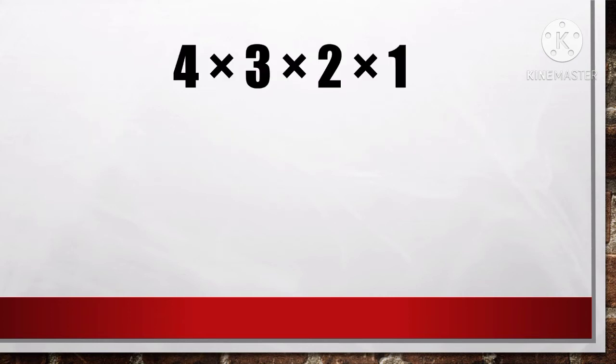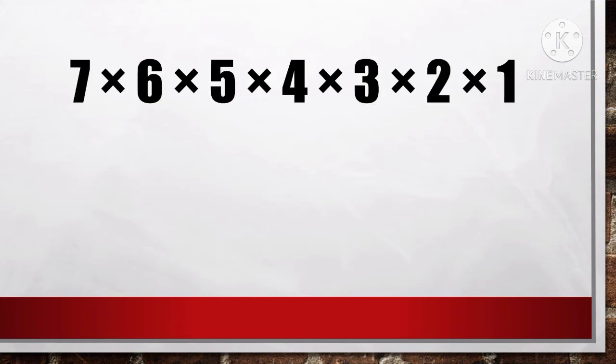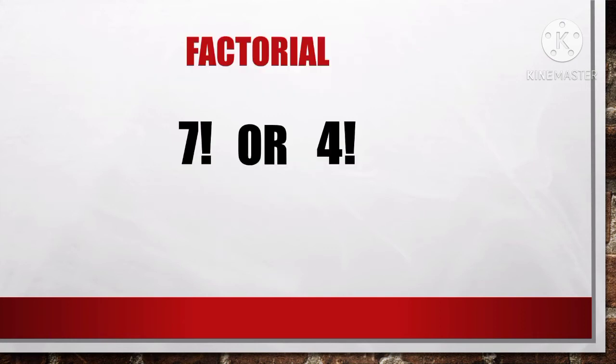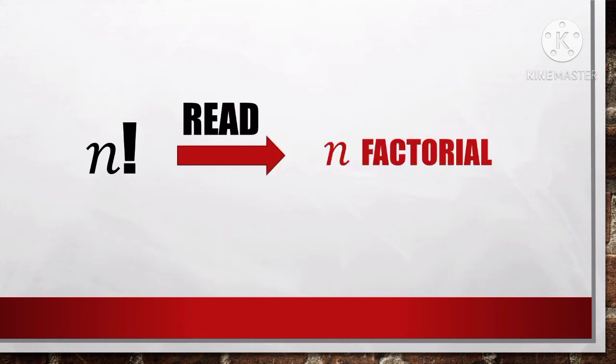For convenience, 4 times 3 times 2 times 1 can be expressed as 4 factorial, and 7 times 6 times 5 times 4 times 3 times 2 times 1 can be expressed as 7 factorial. This notation is known as factorial, and n exclamation point is read as n factorial.